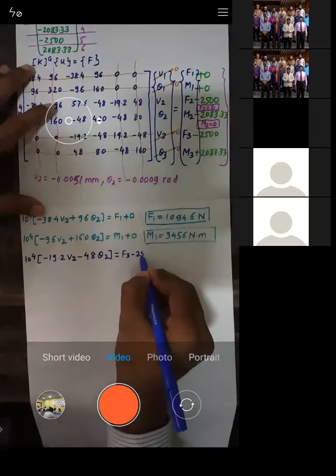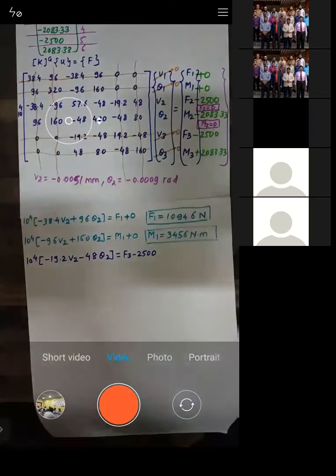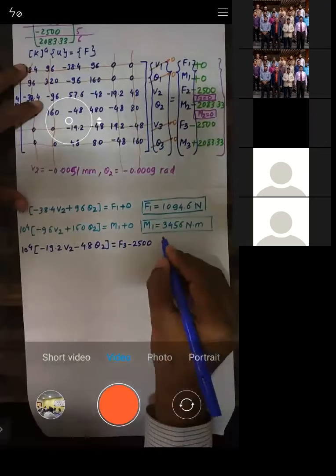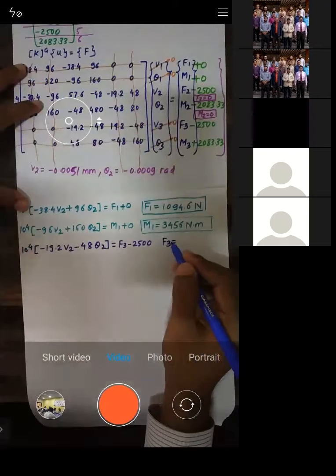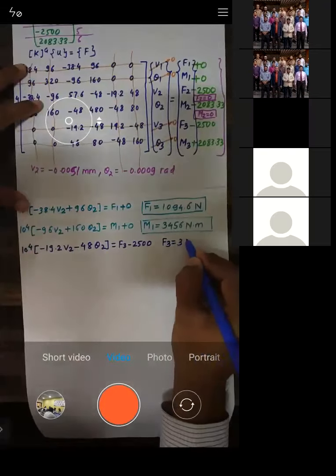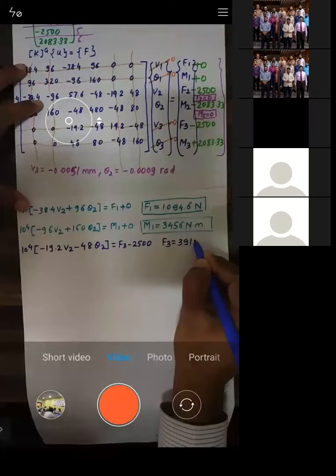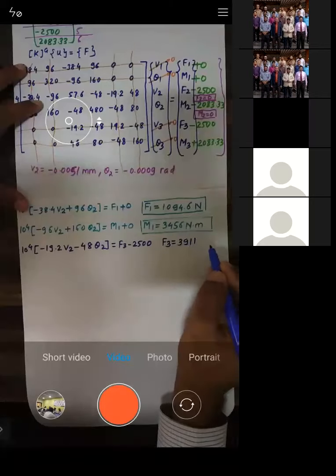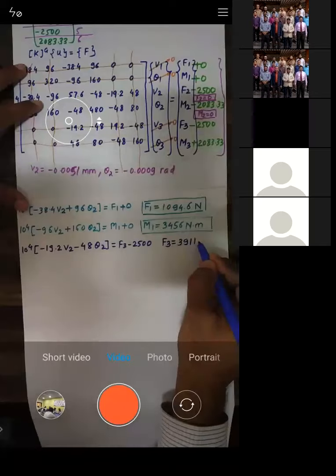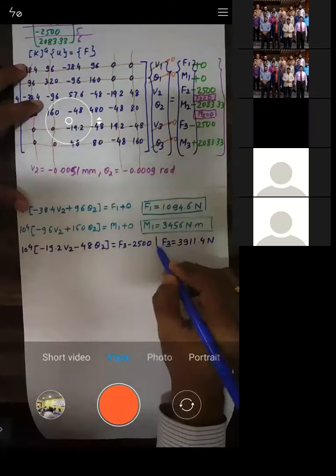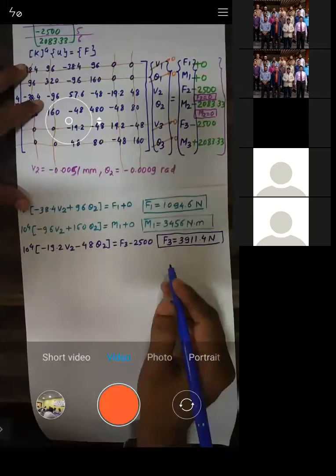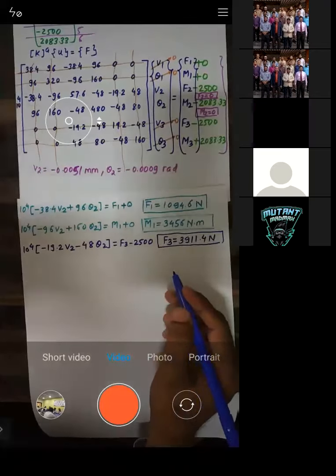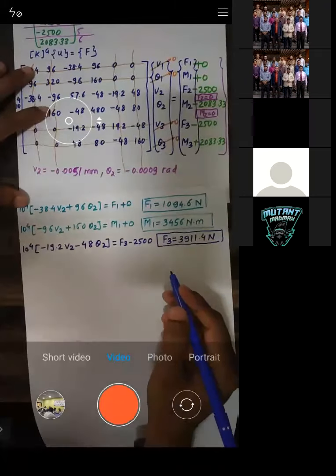So from this, if you calculate, the value of F3 you will get as 3911.4 Newton. You'll get some value like this. Is it okay or not?